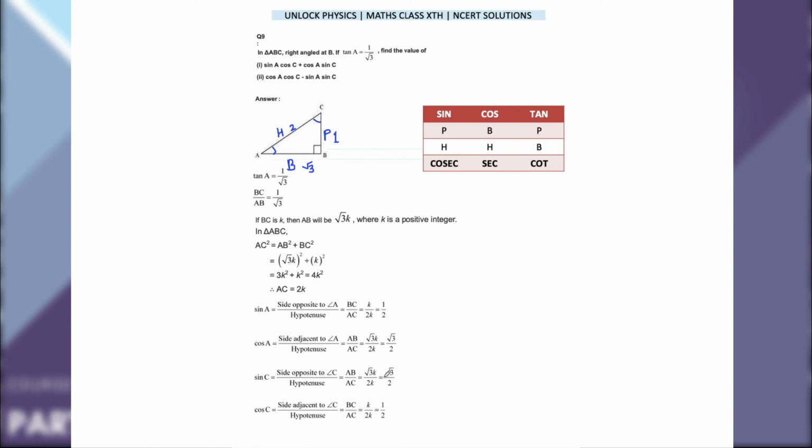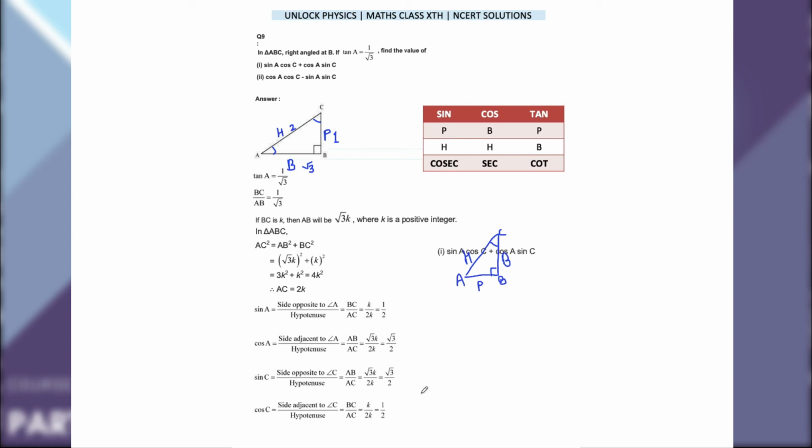Sine C would be root 3 by 2, because for angle C, if we construct a triangle, this is right, this is C, this is A, this is B. So now this will become our perpendicular, this will become our base, and this will remain our hypotenuse. So we change the values. Sine C is again perpendicular upon hypotenuse, which is root 3 by 2. We have cos C as base upon hypotenuse, which would be 1 by 2.